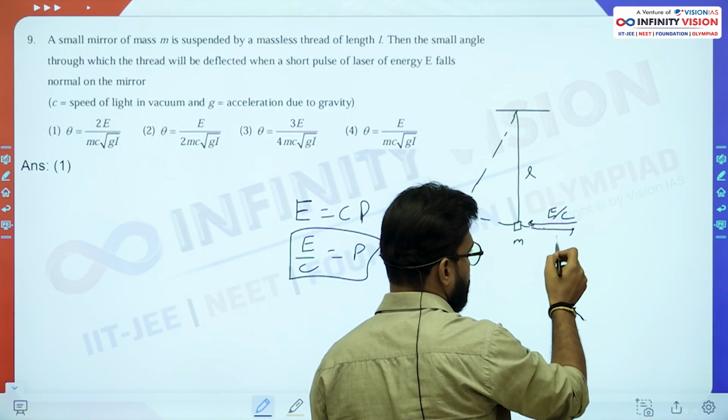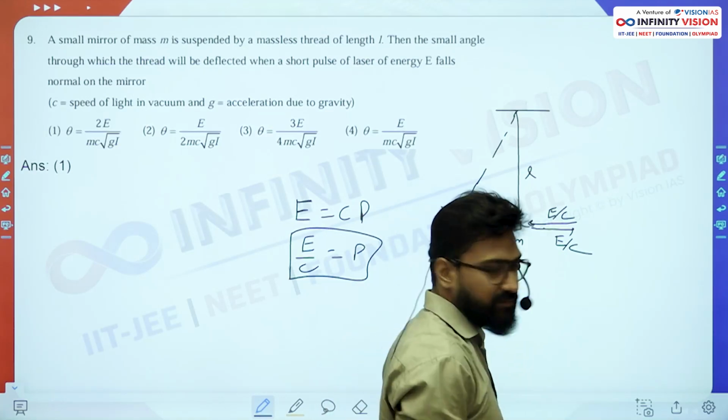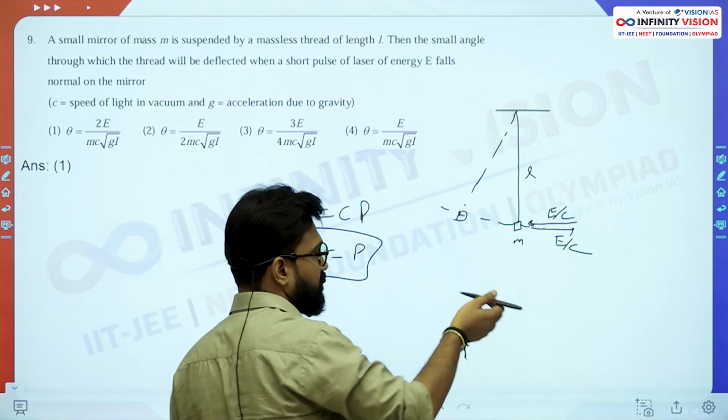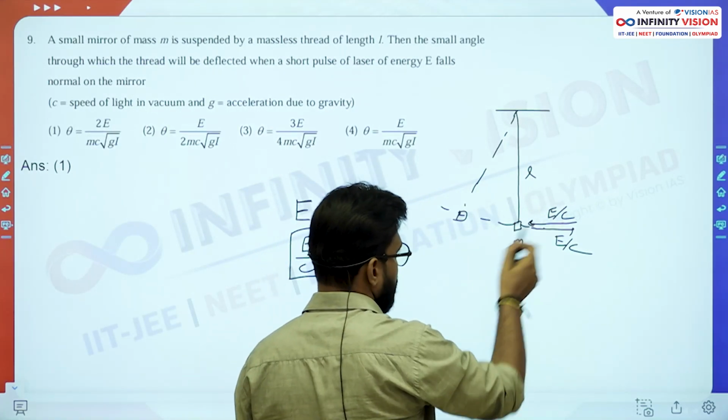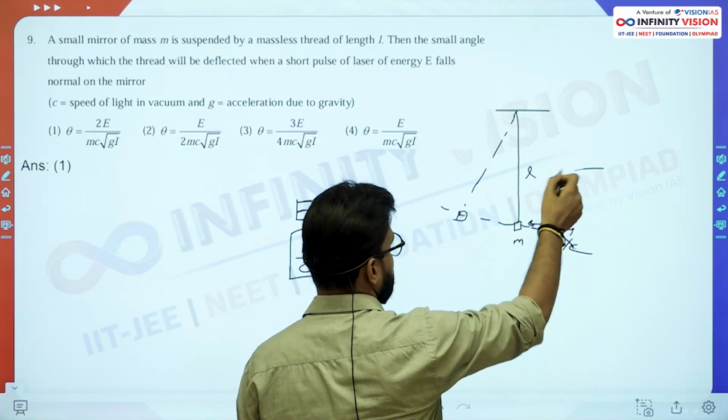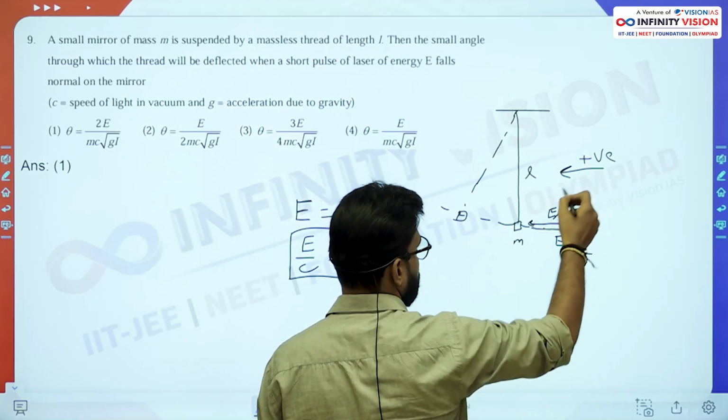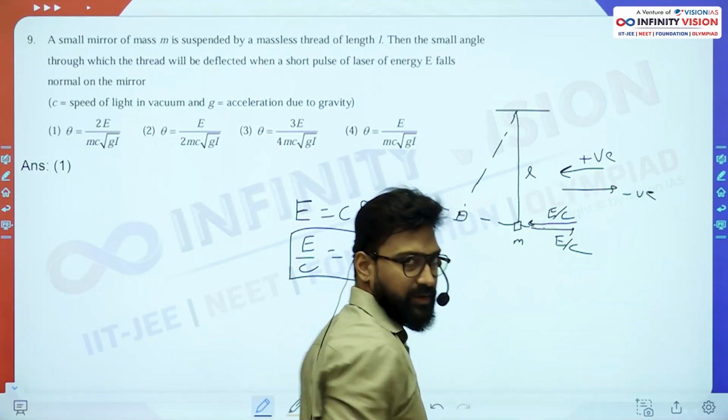It will strike back with the momentum of E by C, so we'll be conserving the momentum. Initially, the momentum in this particular direction I'll take as positive, so the opposite direction would automatically be negative.